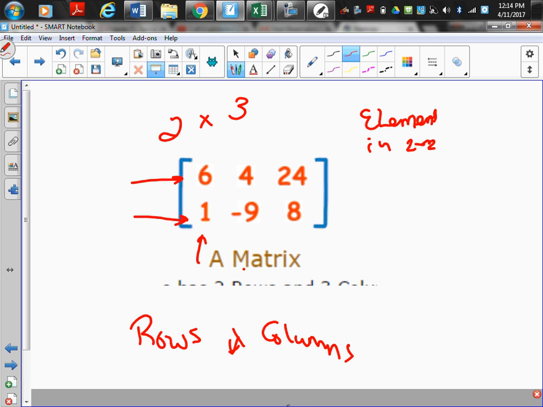And then there's 1, 2 column. So what element is in 2, 2? -9. Yes. So it's not like a graph? No. Okay, so it goes down or right? It's always named by the rows first, then by the column.